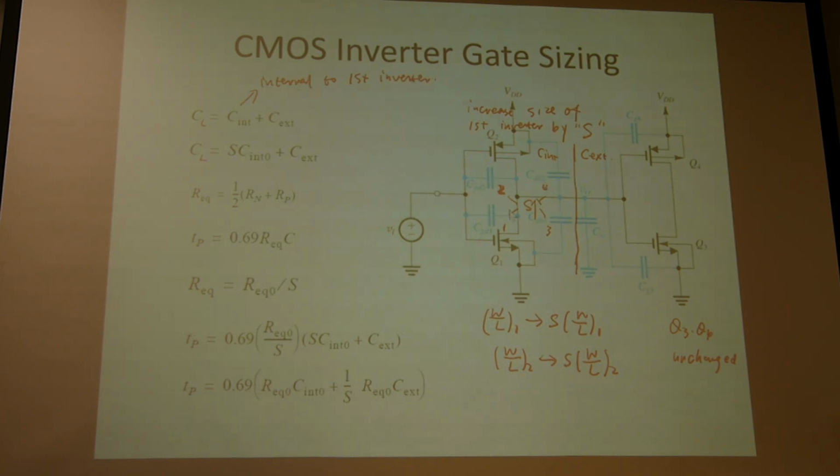So that includes C1 to C4. And this external is, let's say, C5, C6, C7. So external means outside the first inverter. That is C5 to C7.